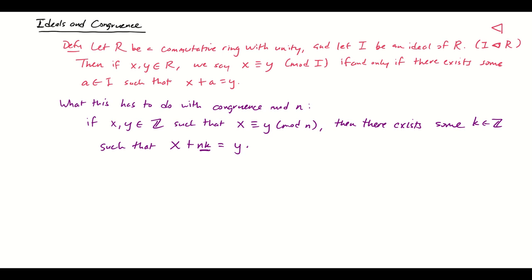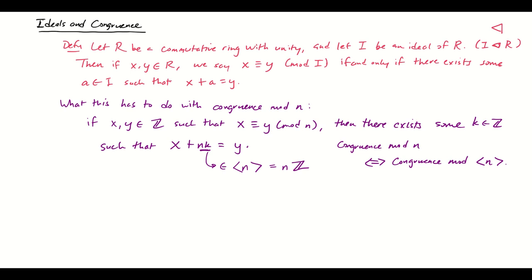But look at this. This nk here belongs to the ideal generated by n, which is the same as saying the set of all multiples of n in the integers. So in other words, congruence mod n is equivalent to congruence mod the ideal generated by n, or the principal ideal generated by n.